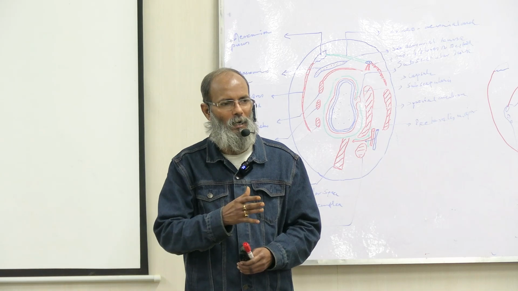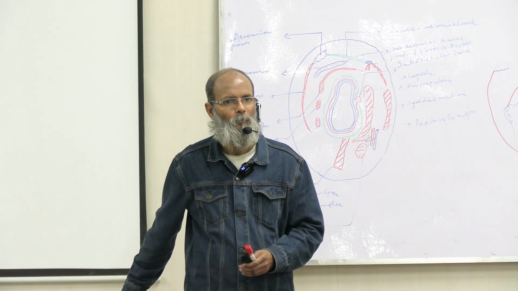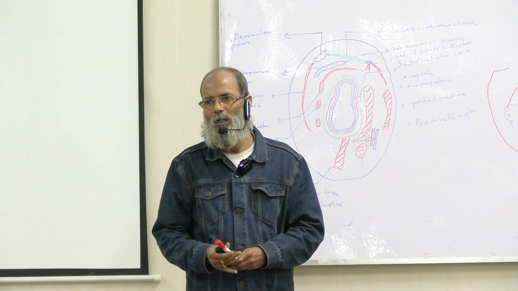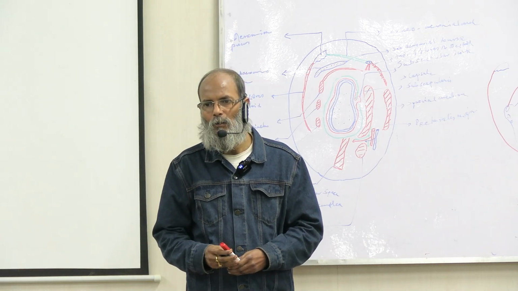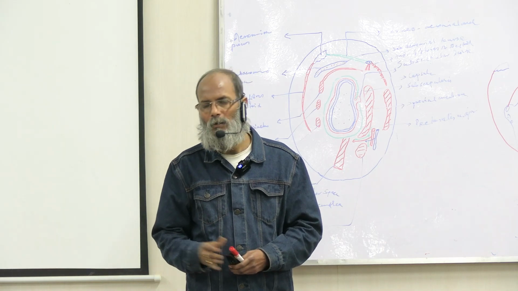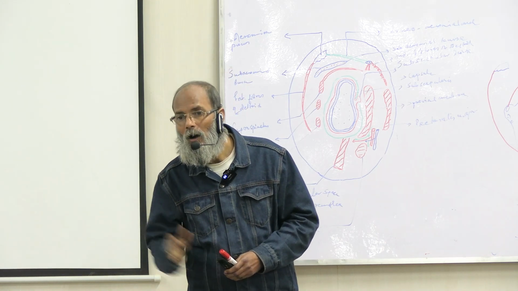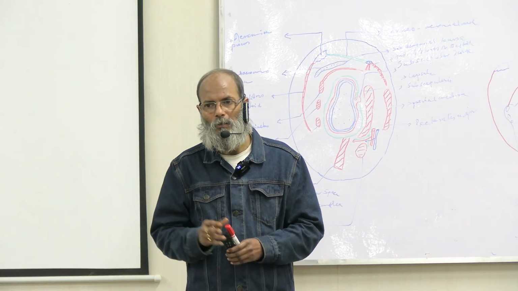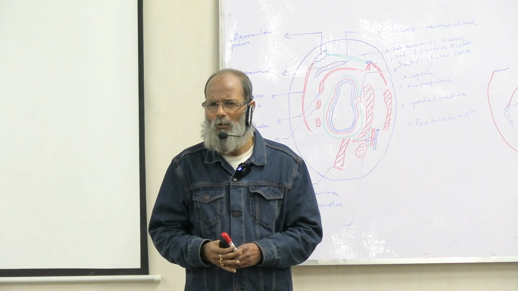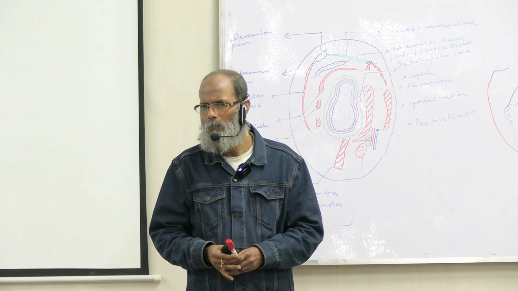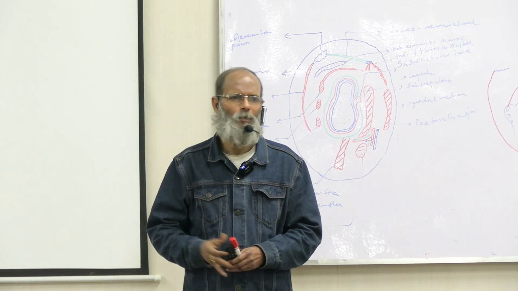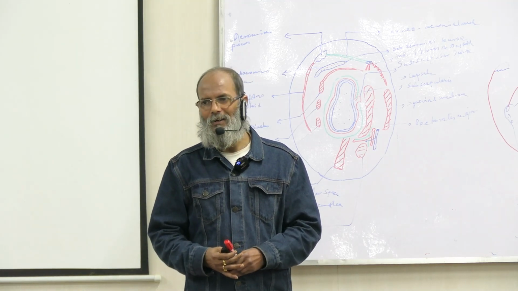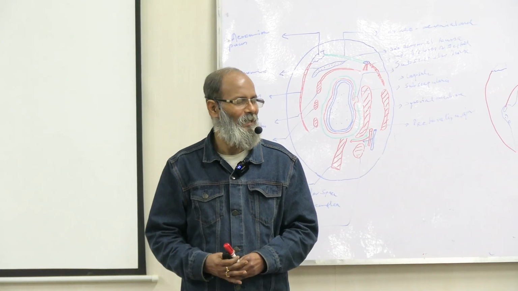All these come for adduction, and for abduction, supraspinatus and deltoid posterior fibers. Middle fibers are not mentioned normally. All right, you see it. My memory is not up to that I can recall.